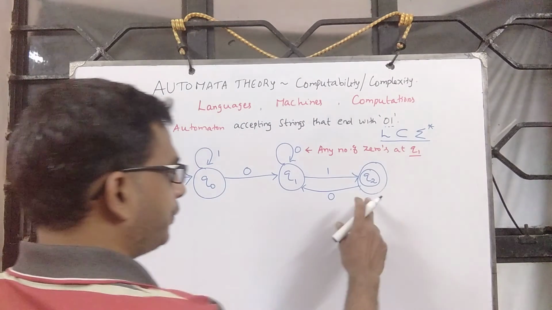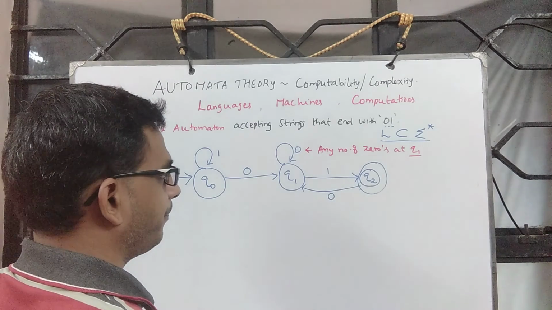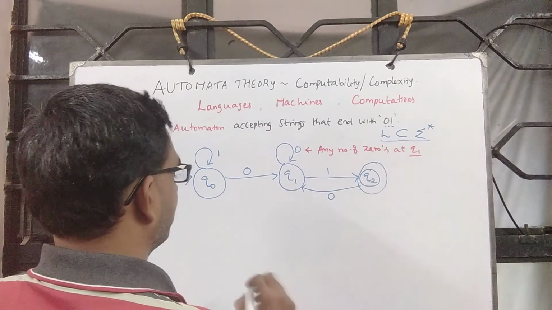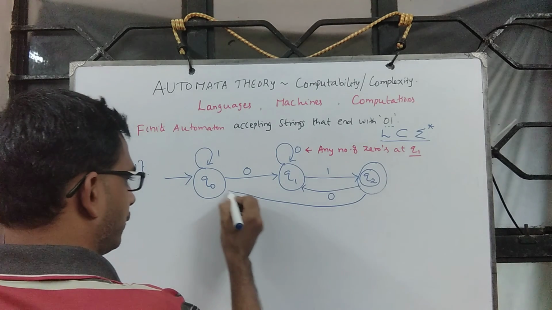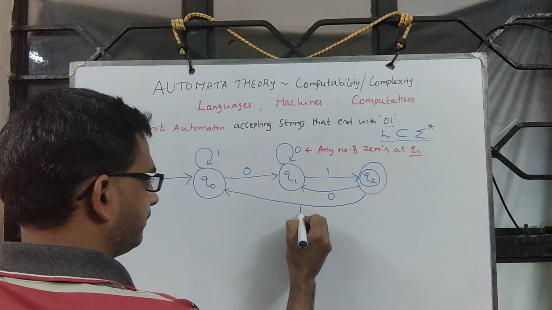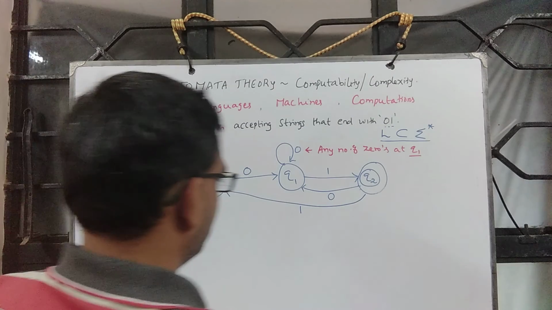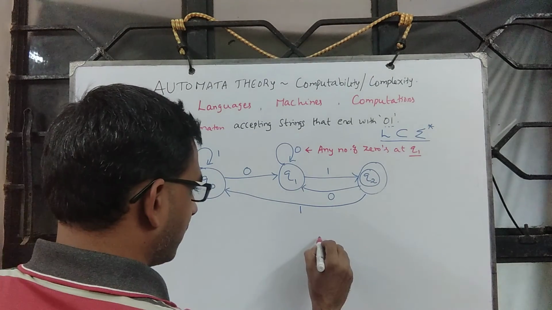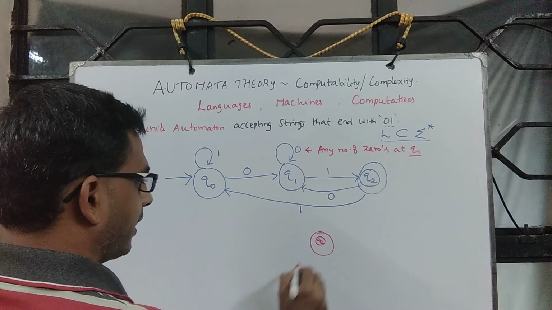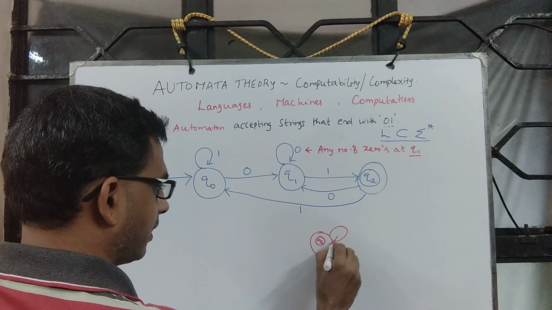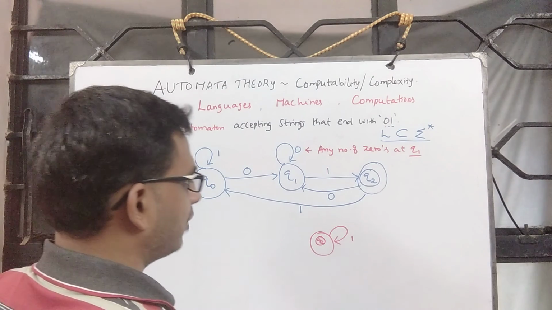Now at Q2, we come across 1. What should we do? I am saying we should go to Q0. Okay. So remember, you are at Q2 and suppose you stay in the same state. Okay. Then what happens?